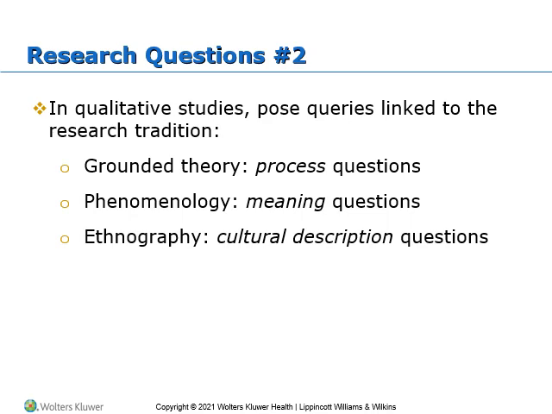When you look at phenomenology, those are meaning questions, so describing the phenomenon of homelessness. And then ethnography is really looking at a group of individuals who have a shared culture.